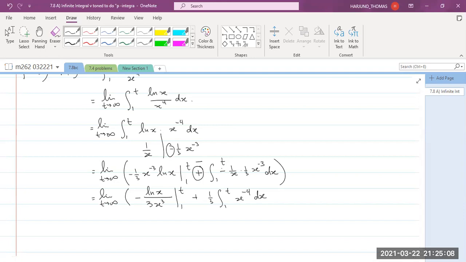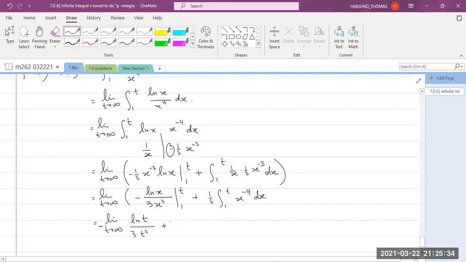Okay, subtract the integral of the negative. Now then, that's the limit as t goes to infinity of negative natural log of t over 3t cubed plus natural log of 1 over 3 times 1 cubed plus 1/3 times negative 1/3 x to the negative 3 from 1 to t.